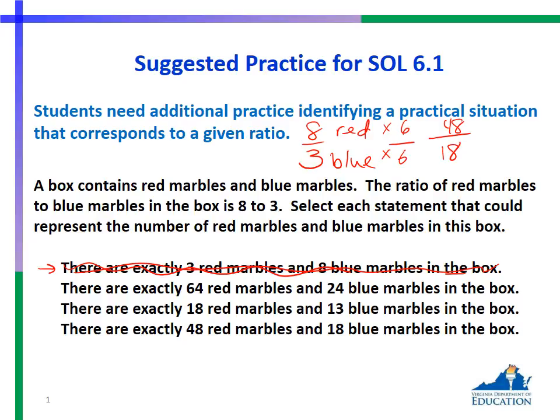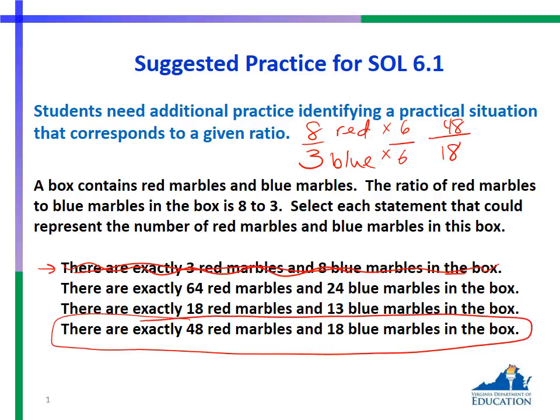So I can say that if I keep the ratio the same and if I add in 8 red marbles and 3 blue marbles, I can double the ratio, I can triple the ratio, I can keep multiplying by a number. And so I can say that there could be 48 red marbles and 18 blue marbles. And so I can circle the last statement in here.